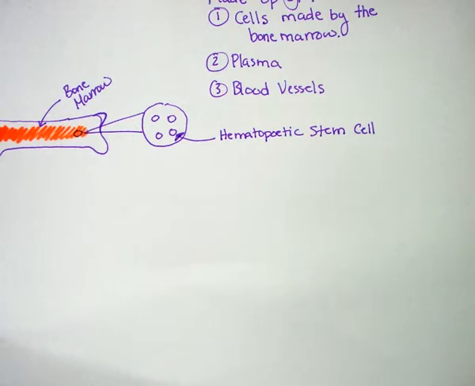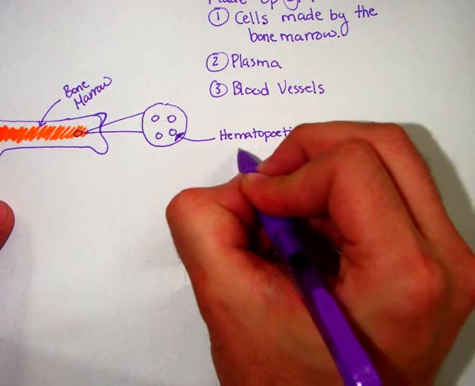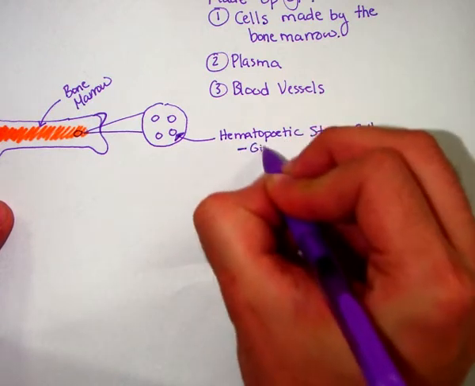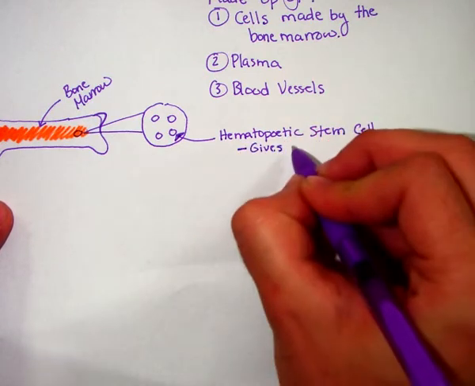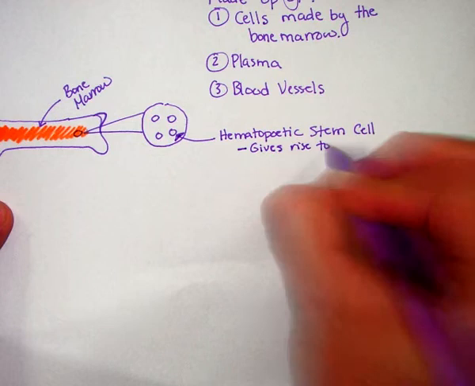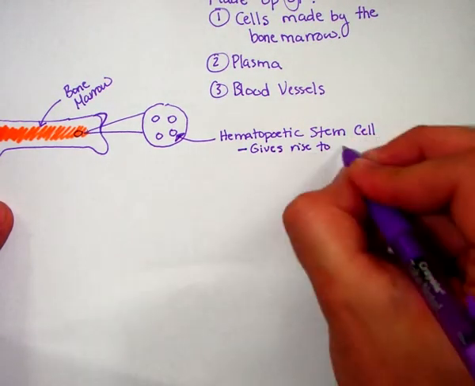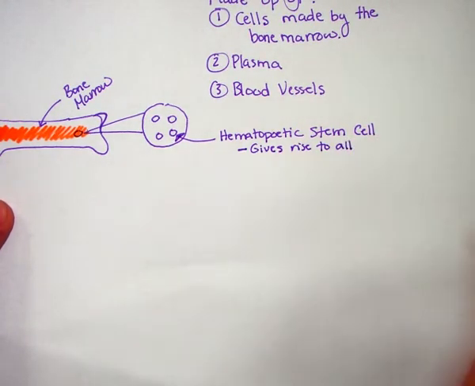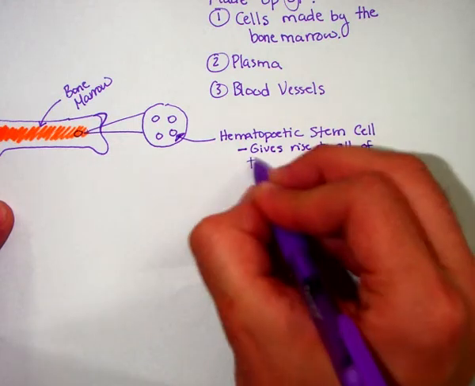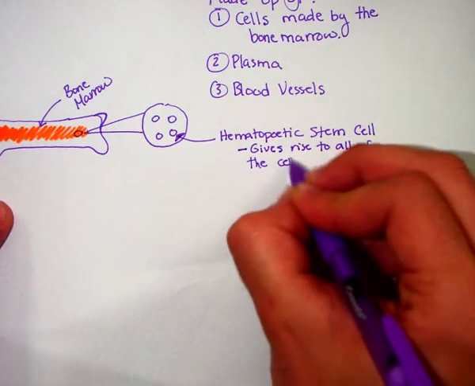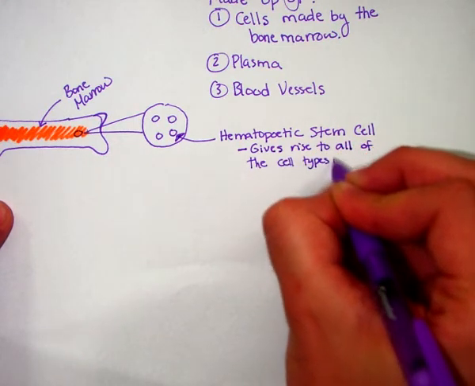So, as you saw in the video, these stem cells give rise to other types of cells. And in this case, it gives rise to all of the cell types in the blood.